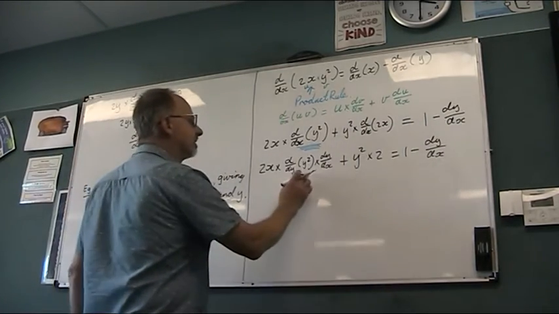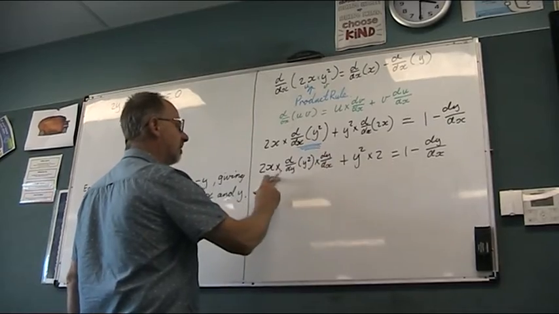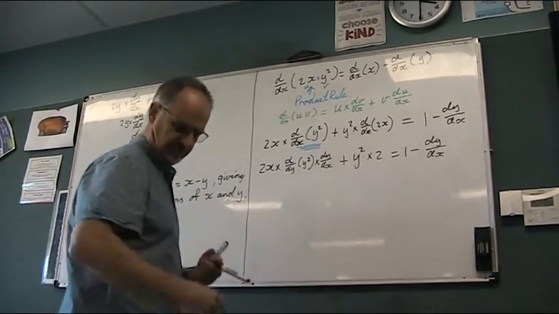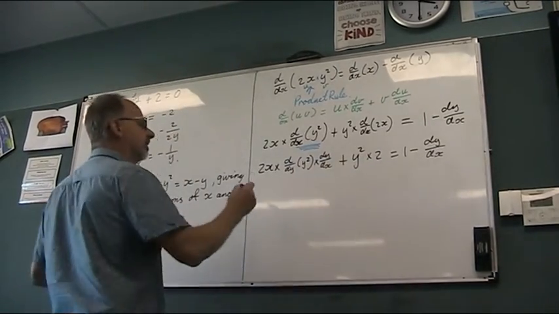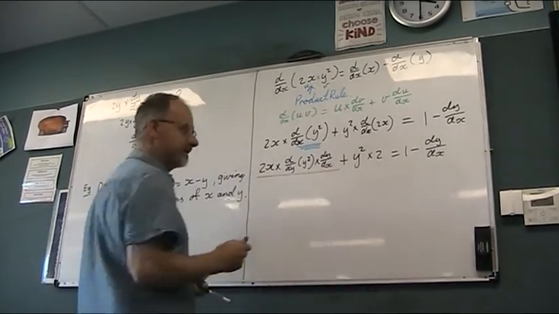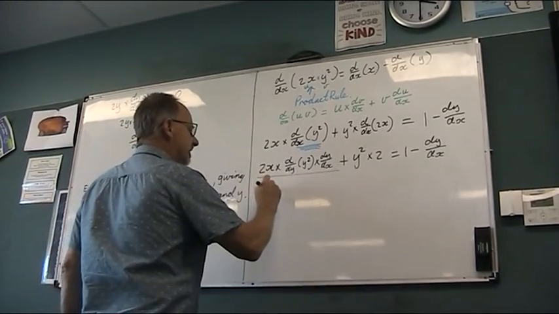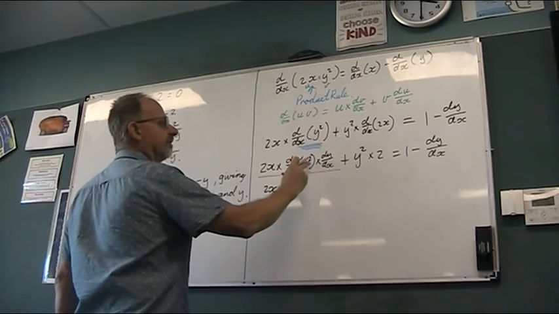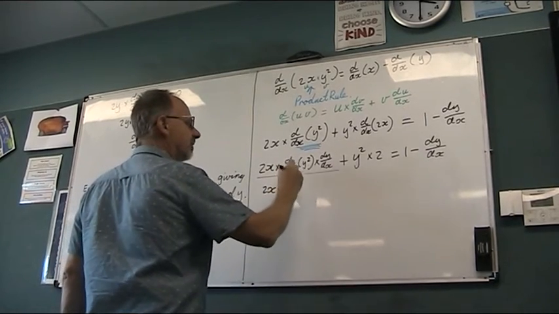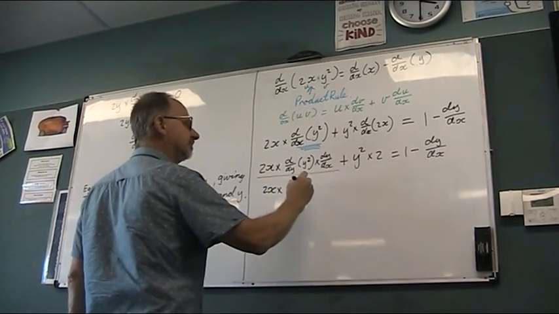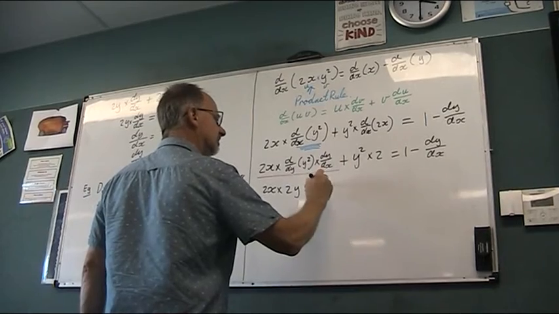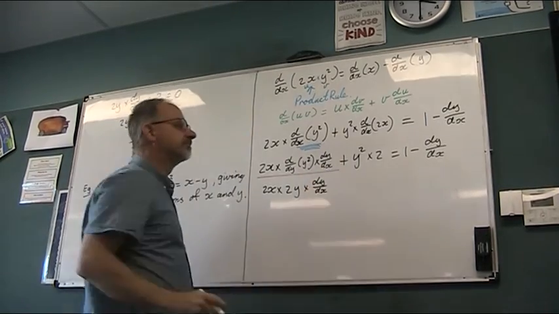All right, all of this stuff here, we need to neaten up. So 2x is still 2x. If we differentiate y squared with respect to y, we get 2y. And dy dx is dy dx.